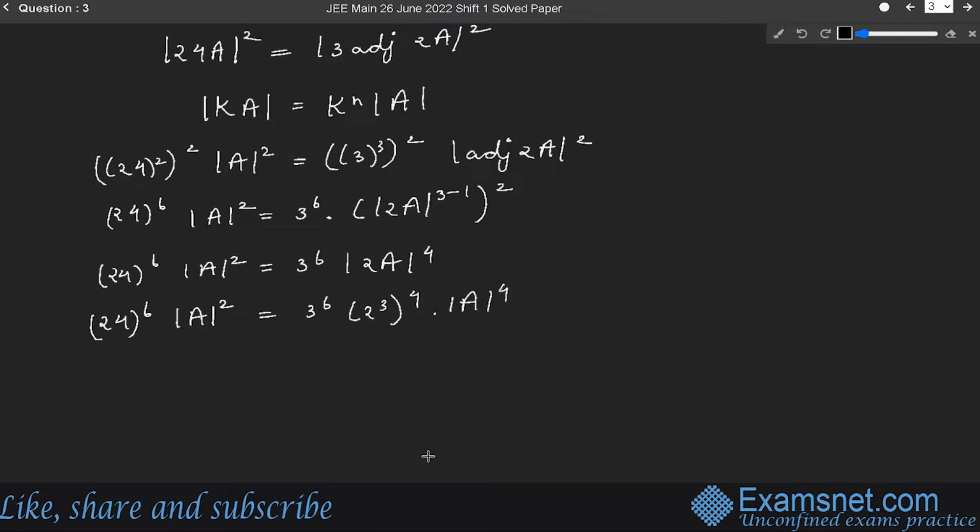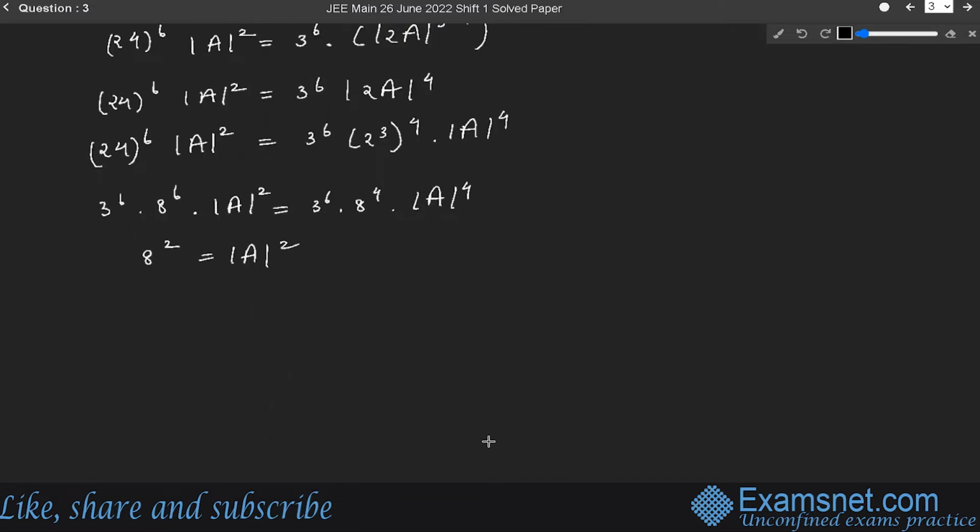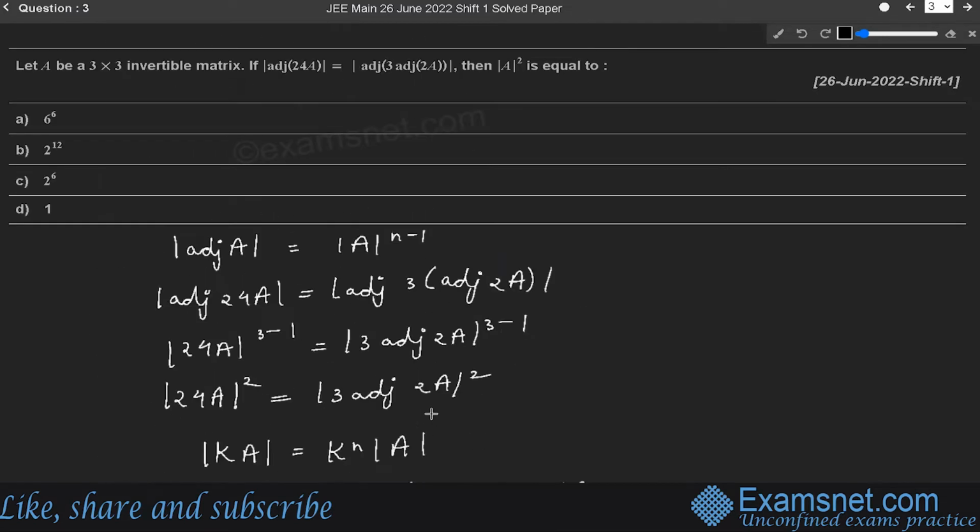It can also be written as 3 power 6 into 8 power 6 into mod of A square is equal to 3 power 6 into 8 power 4 into mod of A power 4. So we can say that 8 square will be equal to mod of A square. From here we can calculate the value of mod of A square. It will be equal to 64, which is 2 power 6. Hence we can say that the correct answer for this question is option number C, which is 2 power 6.